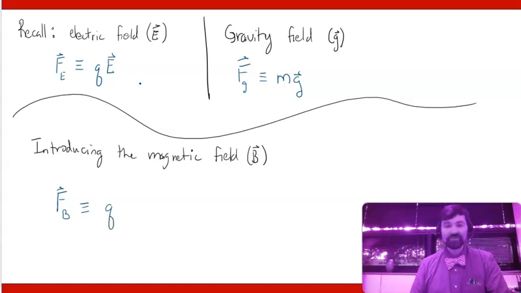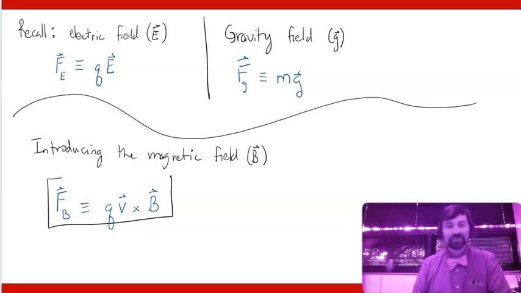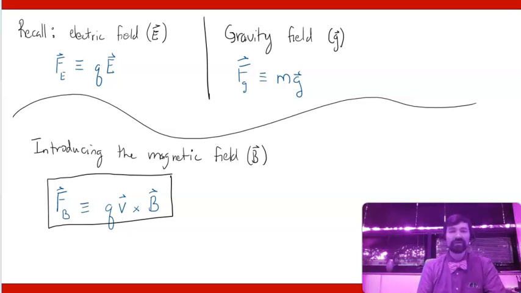So you have a moving charge, you have the velocity, so it's charge times velocity crossed with magnetic field. So this actually defines our magnetic field, and so now we kind of have to review what the cross product is doing. So let's rewrite that equation.